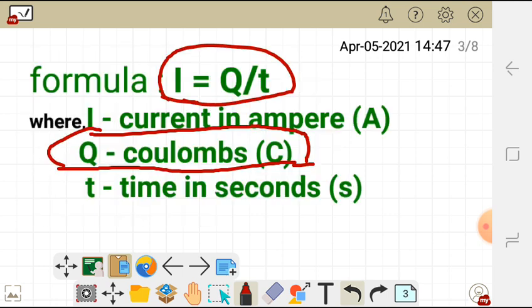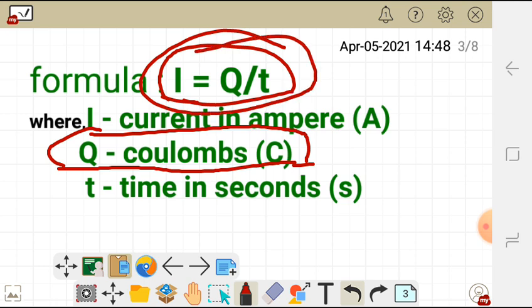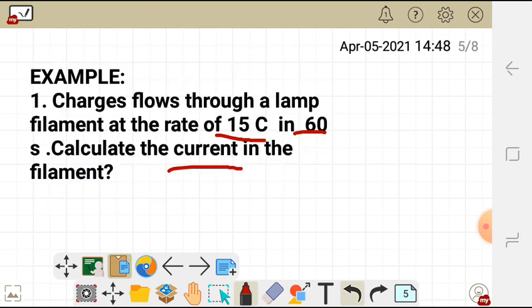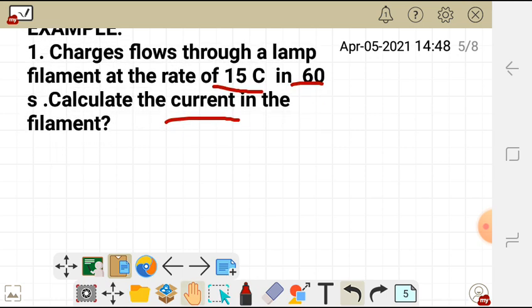What you do is simply take this formula and use it to calculate the current, because we use formulas to solve problems. Now we are going to write our formula so that we calculate the current in this question.